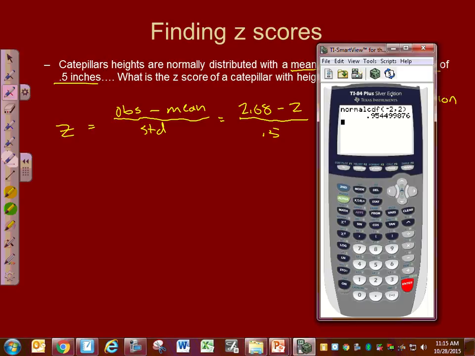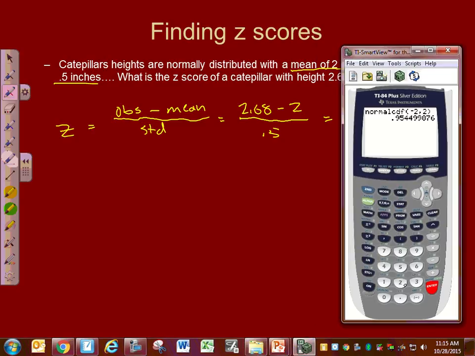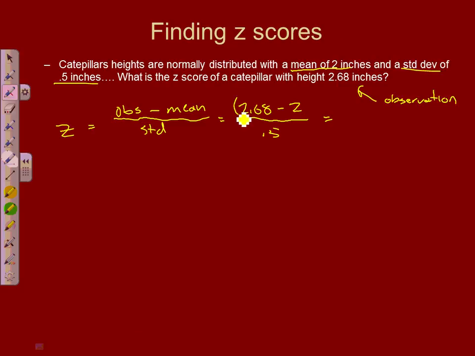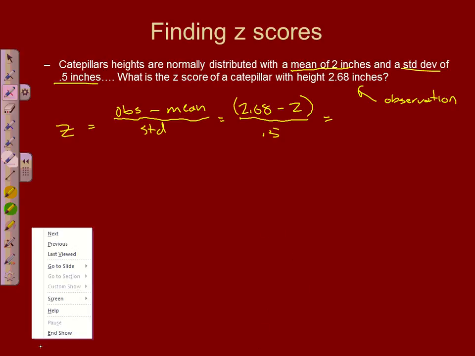If I'm trying to divide things and subtract things, I cannot do it in a row like this because my calculator is going to divide 2 by 0.5 first and then subtract it from 2.68. This is incorrect. Instead, you must tell your calculator to obey the order of operations by either using parentheses around that numerator or just going one step at a time.